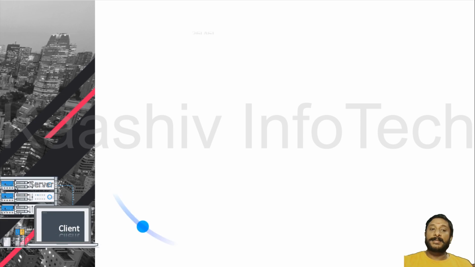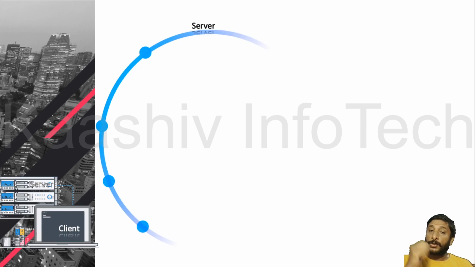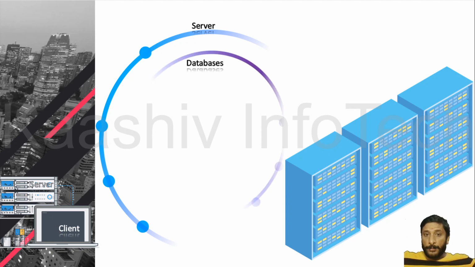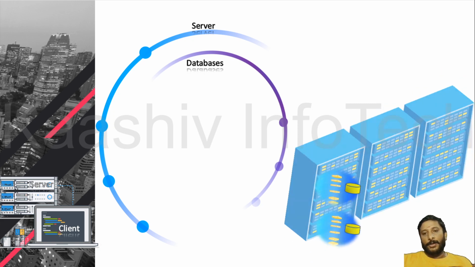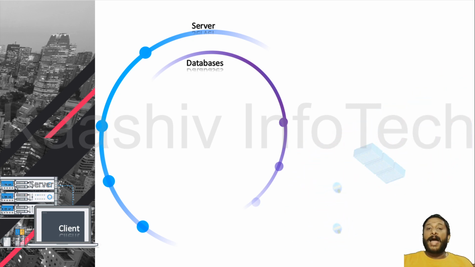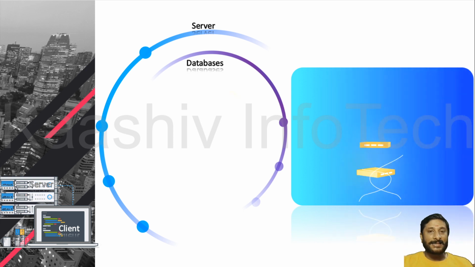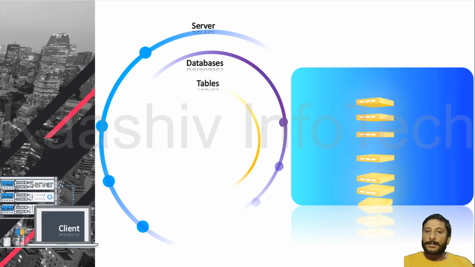Okay, let's move on to the database structures. This is the next one we are going to look into. We talk about the database structure, like how the database structure is. The first thing is you need the server. The server is a box, a computer, where you will have lots and lots of databases. Your databases will have lots and lots of tables in them.